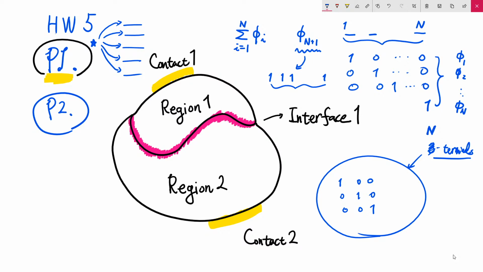Yes, of course, 100 terminals will not be treated in this course explicitly. But anyway, you can assume any arbitrary number for your terminal number. So please check your code with this general number.